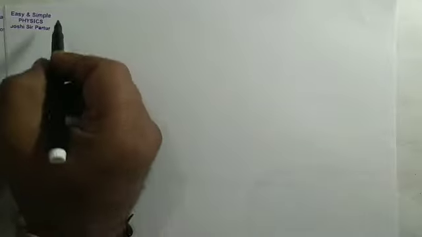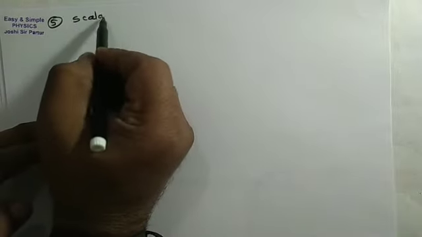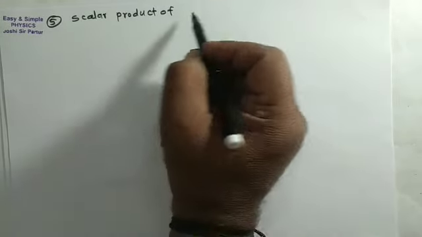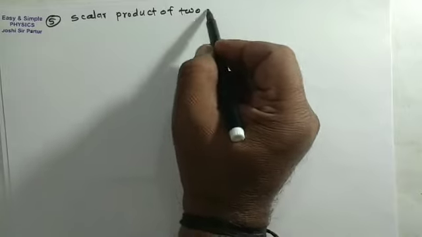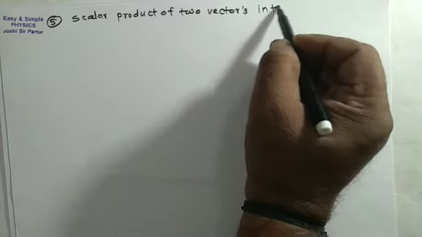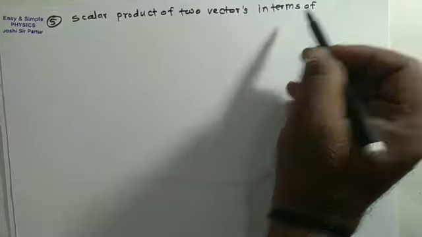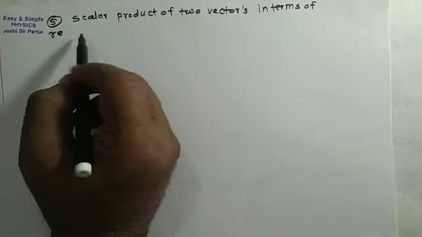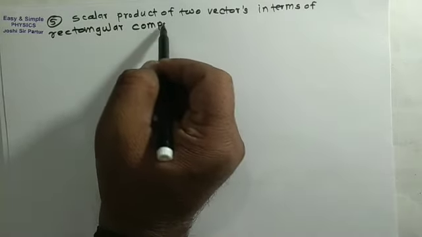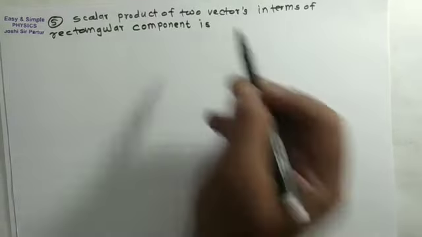Again, if we see the fifth characteristic, the fifth characteristic will be the scalar product of two vectors in terms of rectangular components.